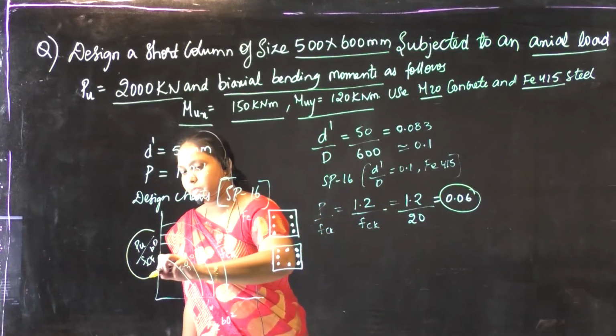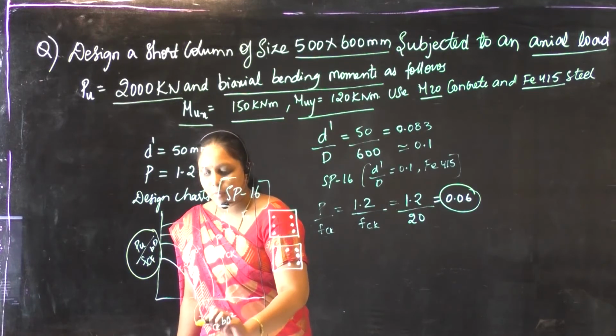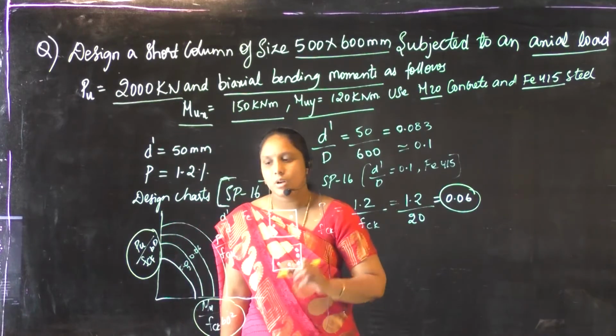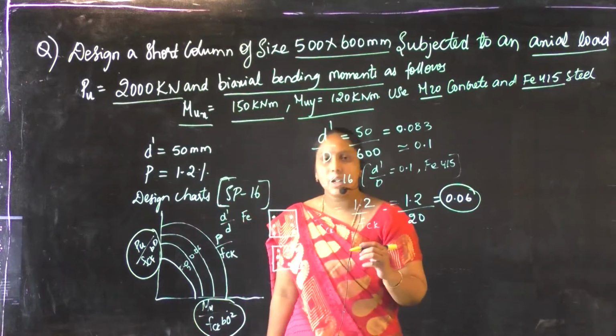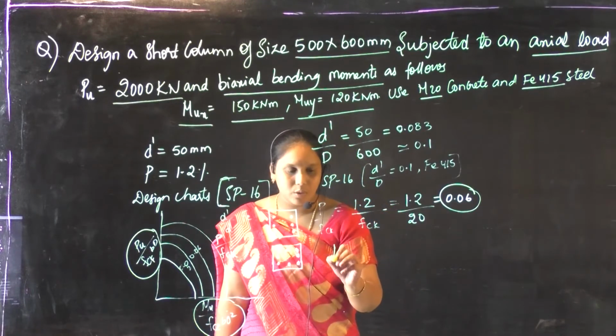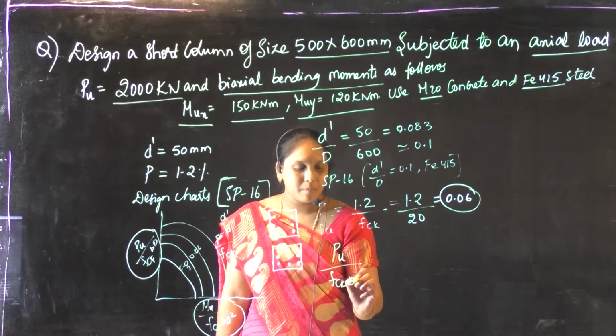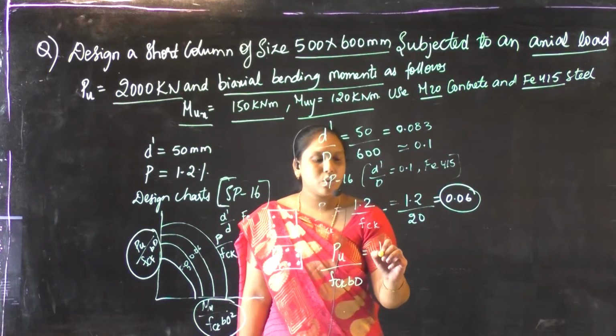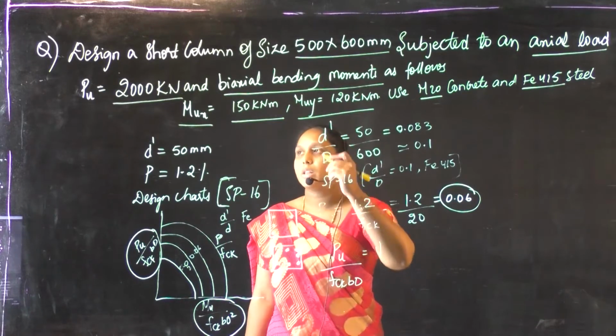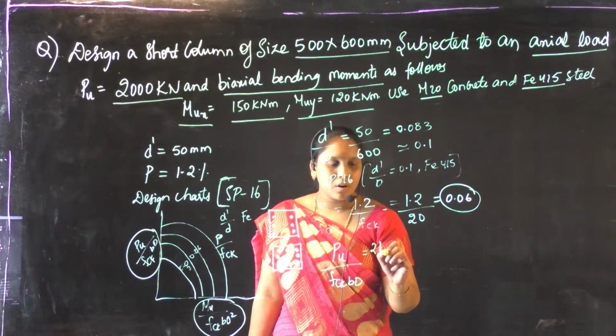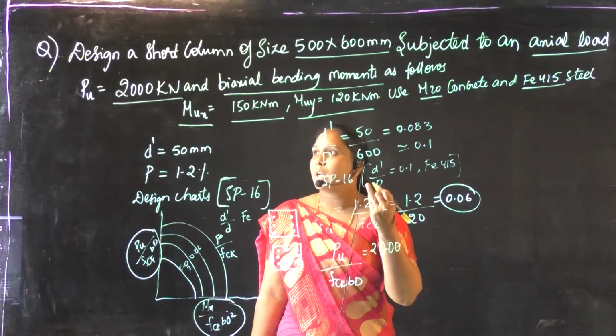What are the other 2 parameters which you have to know here? One is Pu by fck bD and the other one is Mu by fck bD square. First let us find out the Pu by fck bD value. How much is Pu given here in the question? It is 2000 kilonewtons.